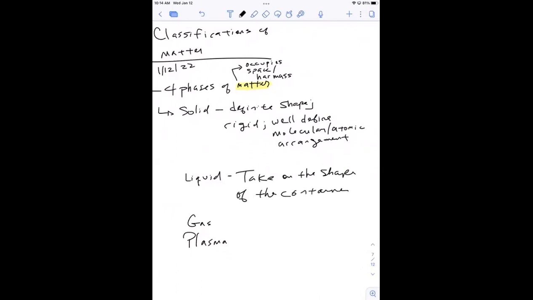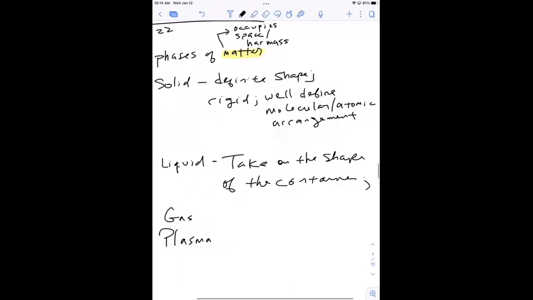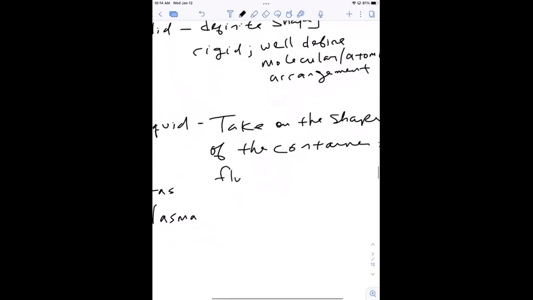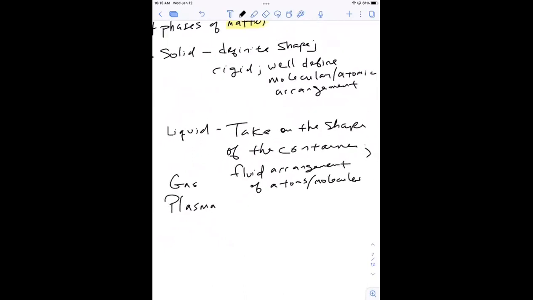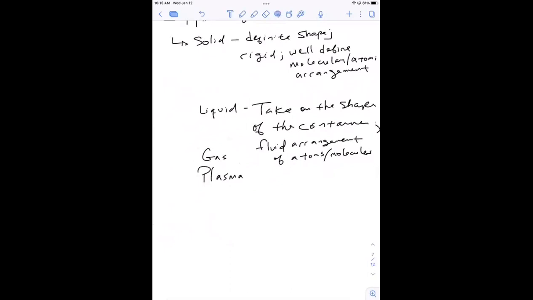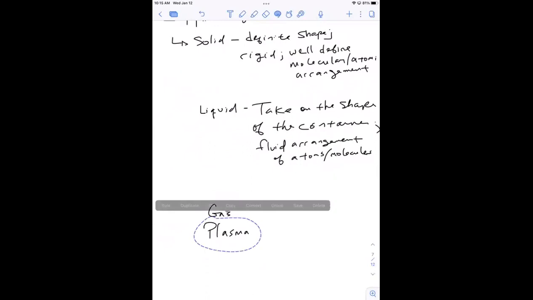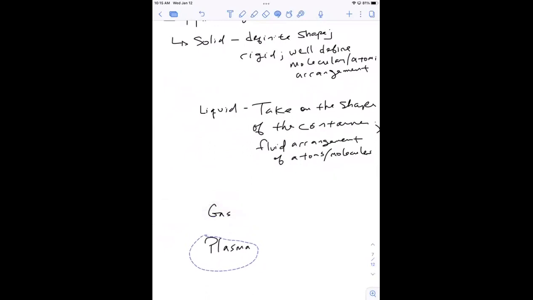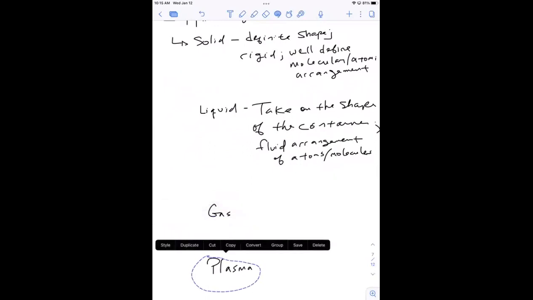They take on the shape of whatever container you put them in, and they have a fluid arrangement of atoms or molecules. One of the atomic elements, mercury. Mercury is a good example of an element that exists as a liquid.